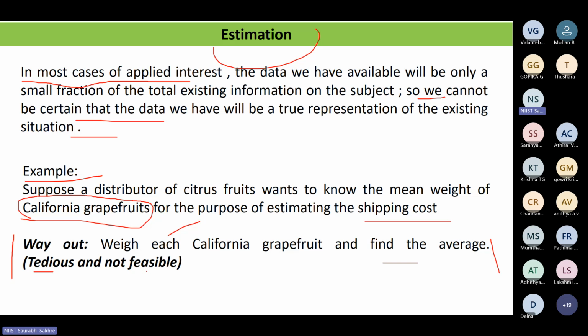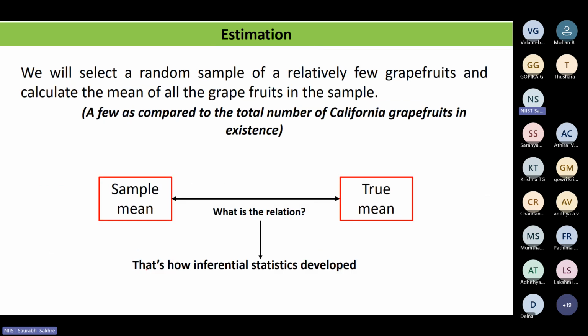So we will collect some samples out of it. In this case, you need to understand two things: there will be a sample mean and there will be a true mean. Our job is to make our sampling representative.